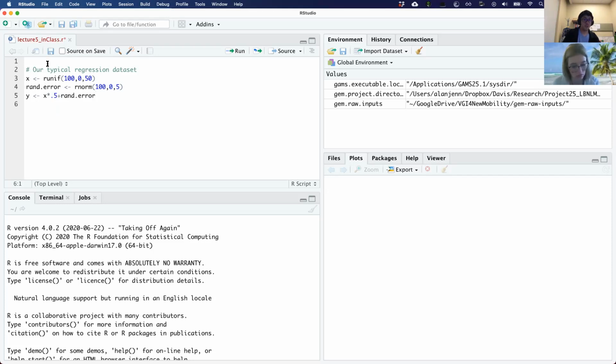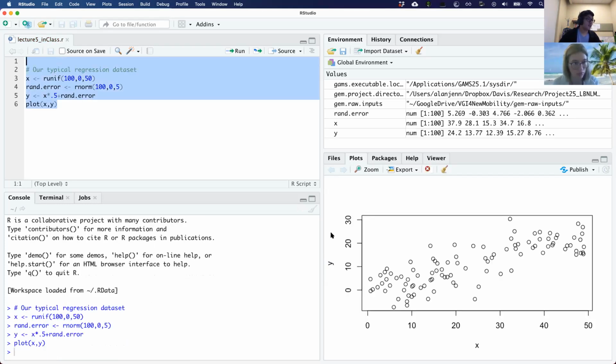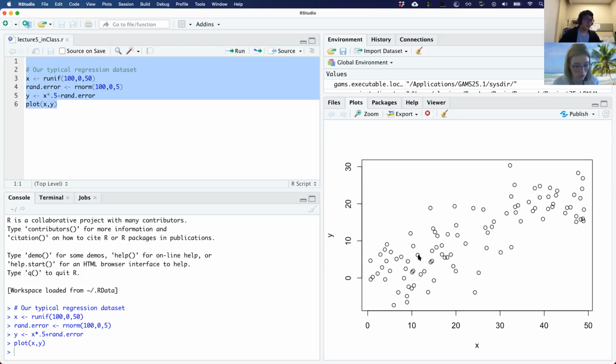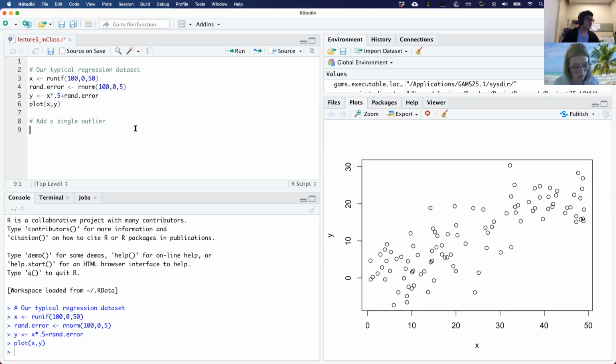And let's go ahead and just plot it, see what it looks like this time. Okay, so we've got our data that looks like this. And now I'm going to add a single outlier.